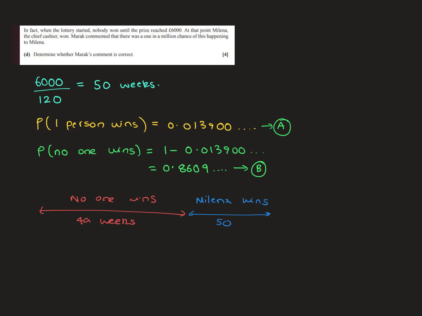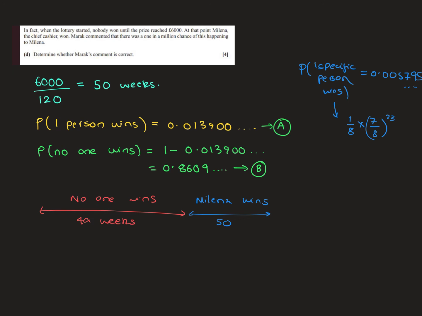Now, we know that the probability that one specific named person wins is equal to 0.005795... It's the same as the probability of Marak winning 1 week. And remember, that's different to the probability of any one of the 24 people winning, because you're now not multiplying this number by 24, because you're looking at one person winning. So that, of course, is the 1/8 probability for one person, that named person, 7/8 to the power of 23 for the other 23 people.